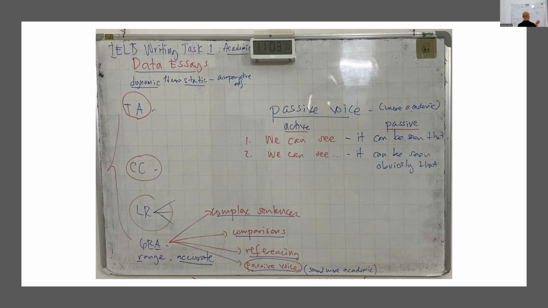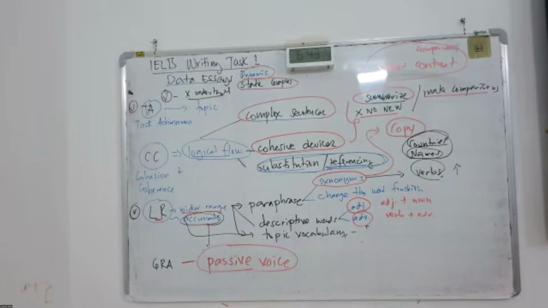Now we have learned the first 3 things: complex sentences, comparisons, and referencing. Now the fourth thing that we have to consider to get a better score in grammatical range and accuracy is the use of passive voice.